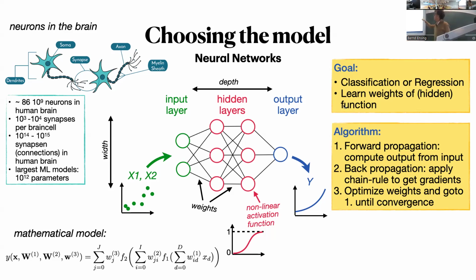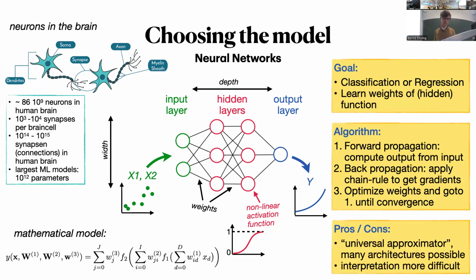It just means going backwards, right? Go all the way backwards until I have the weight. I take the derivative, just the chain rule. So back propagation is just machine learning lingo for applying the chain rule to get the derivative, and then I know how to move the weight to get a bit closer to the answer, to a better prediction. So in step 3, I optimize the weight and go back to 1 until convergence.